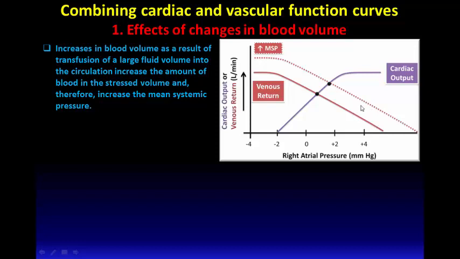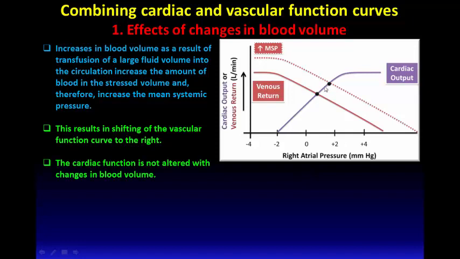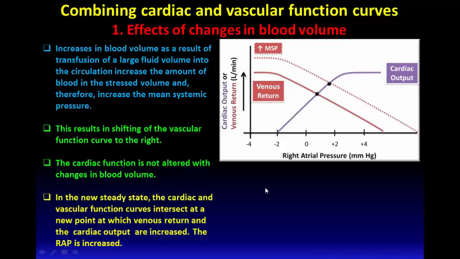This results in shifting of the venous return curve to the right along with its intersection point with the x-axis, indicating an increased mean circulatory pressure. The cardiac function curve is not affected by changes in blood volume.